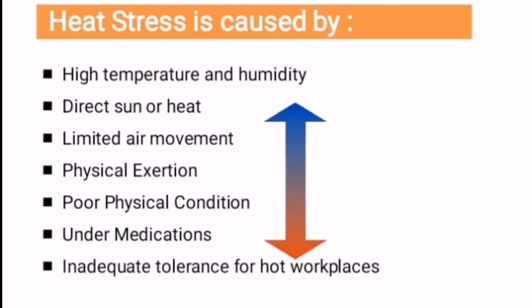After that, limited air movement. If there is no wind in your atmosphere, there is more chance of getting heat stress. The next factor is physical exertion, meaning manual jobs. If you have to do physical work, your body is at more risk, and you will get heat stress very early. Then poor physical condition.